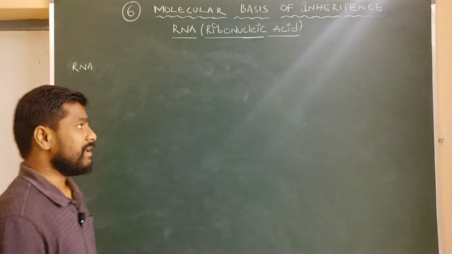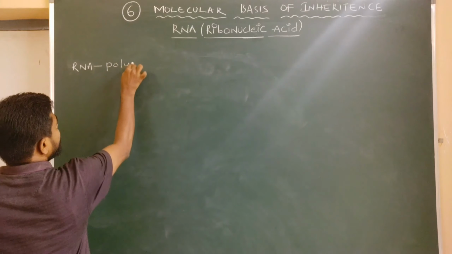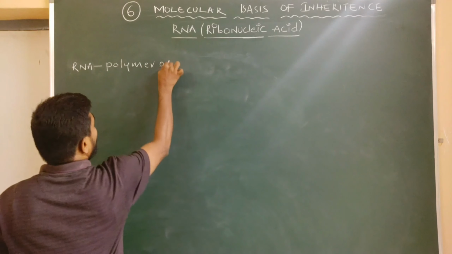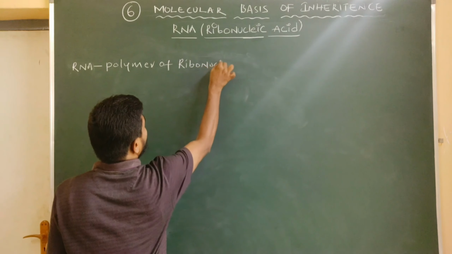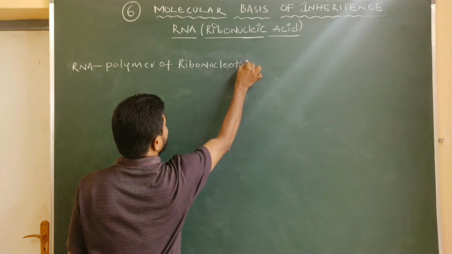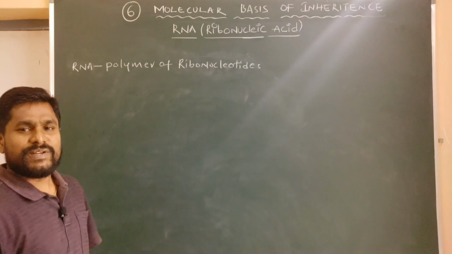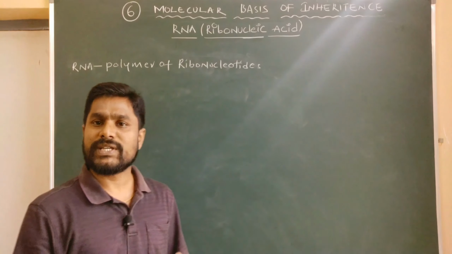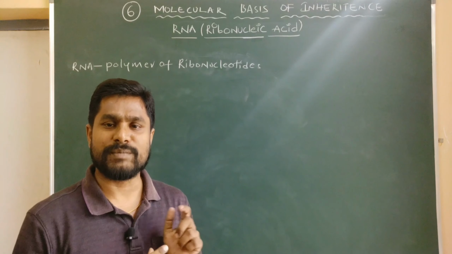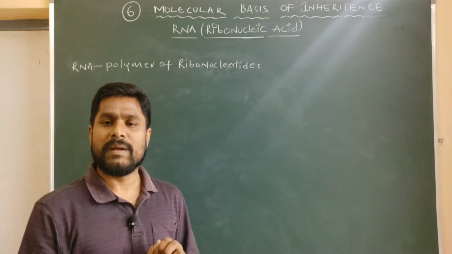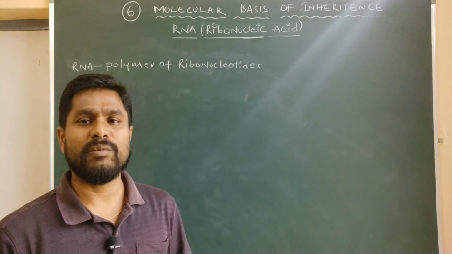Here, what is RNA? RNA is the polymer of ribonucleotides. Ribonucleotides are the nucleotides present in RNA molecule, which consists of ribose sugar along with the phosphate group and a nitrogen base, whereas DNA is a polymer of deoxyribonucleotides.